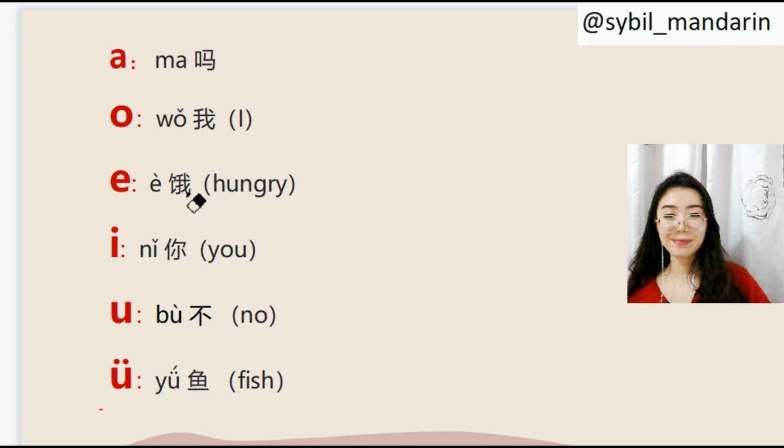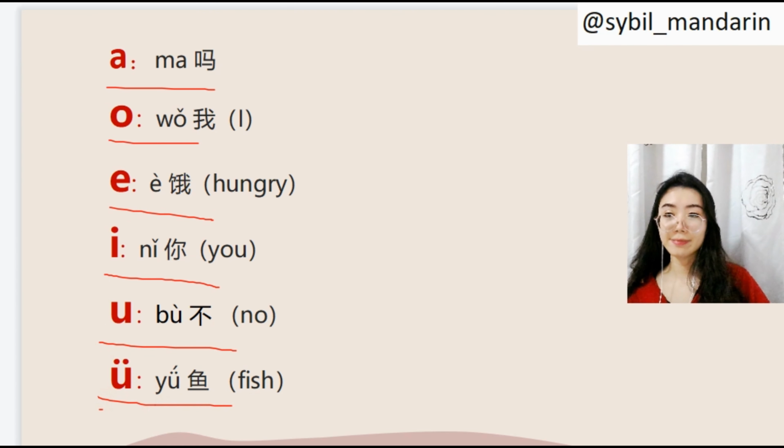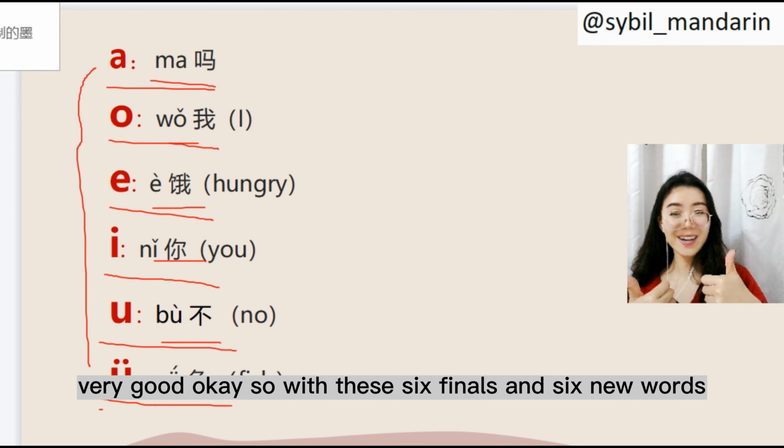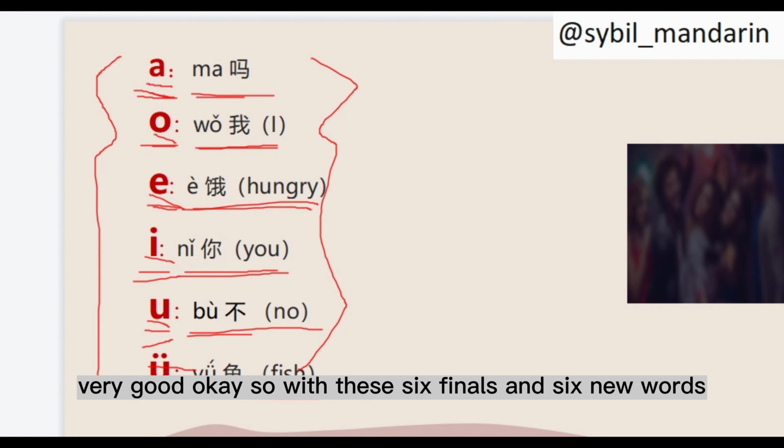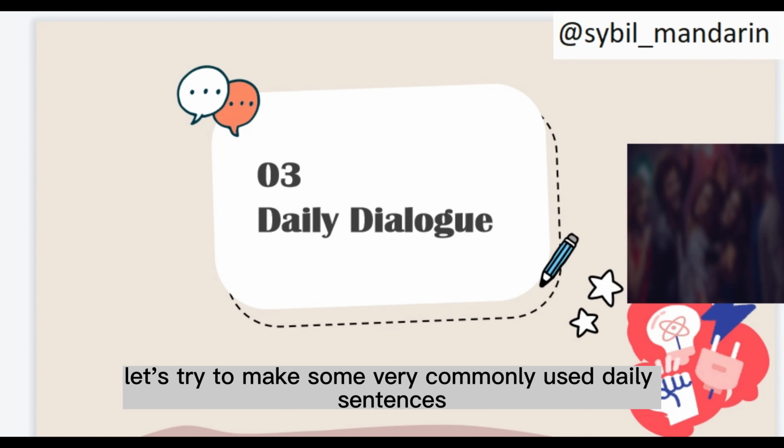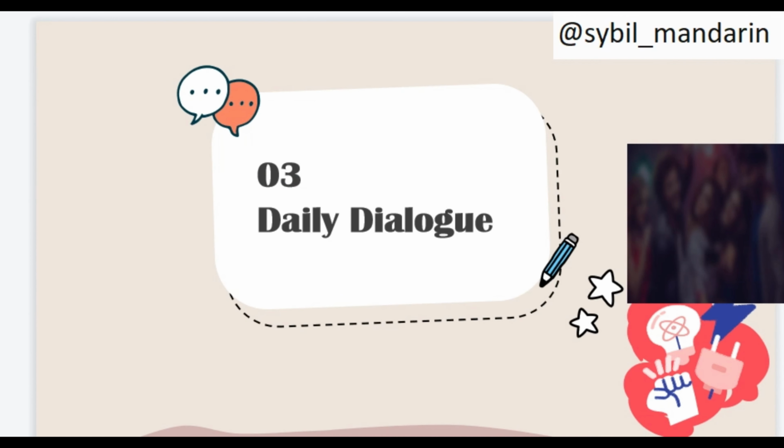Let's go. 啊妈乌我一你不鱼. Very good. Okay, so with these 6 finals and 6 new words, let's try to make some very commonly used daily sentences in Chinese.